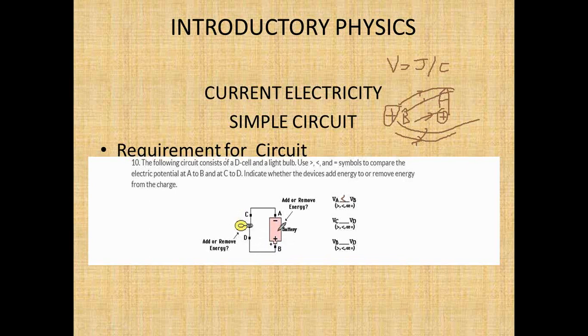The battery is going to set up your electric potential difference, and it's going to cause the charge to flow through the circuit. This charge is actually electric energy. So electric energy is going to be traveling through the wire. It's going to give up some of its energy to the bulb. It's going to light the bulb, and you're going to have a little heat.